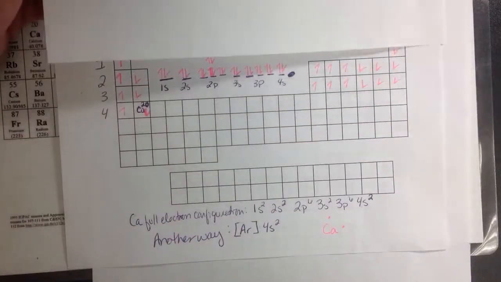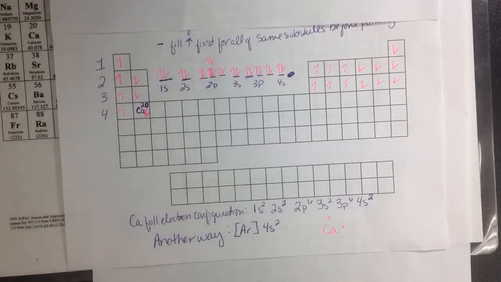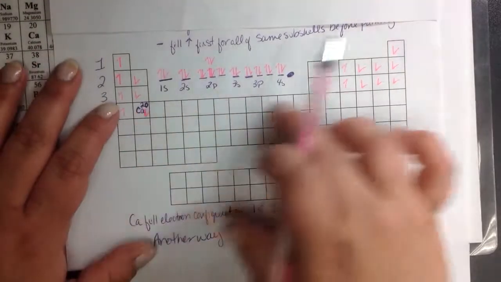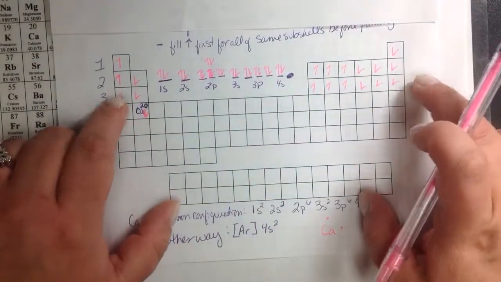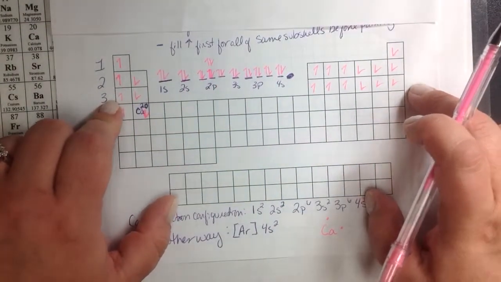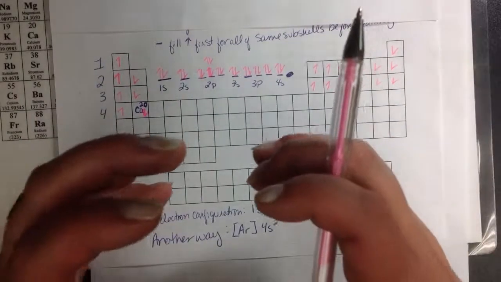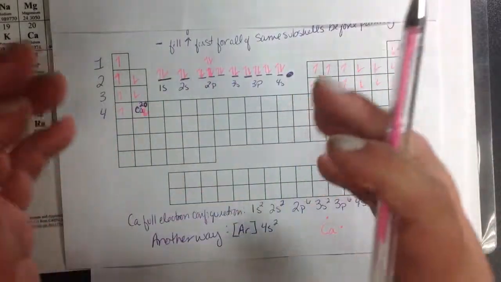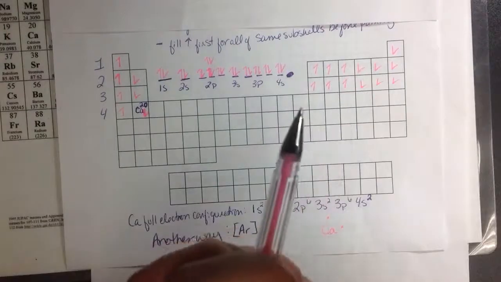There's the last trend, and that is size. There is this cool thing that happens when you finally fill even a subshell or the entire row, like the entire period, where it's almost like the electrons come together and hug each other and pull each other tighter. Okay, so they're just like, hey, yeah, you're all here, right? And when they do that, they get smaller.